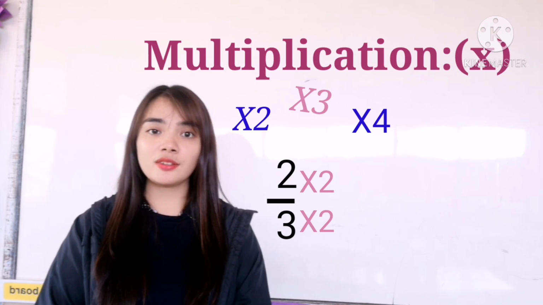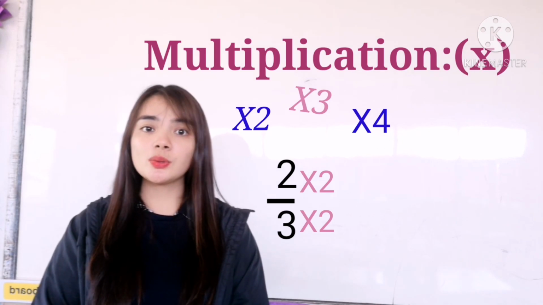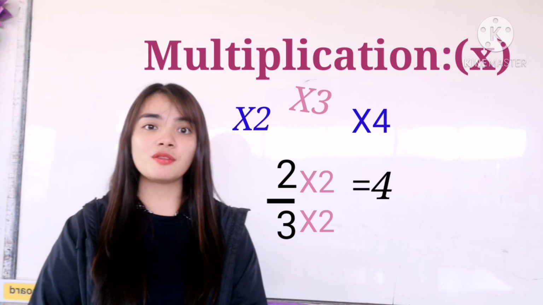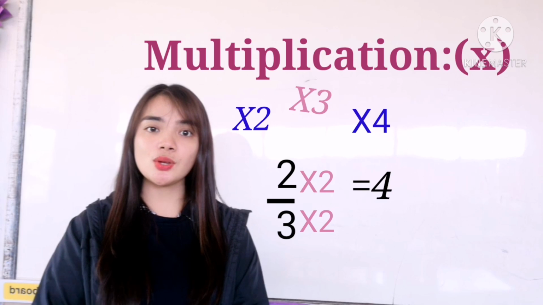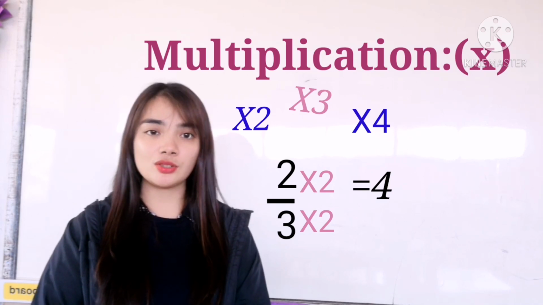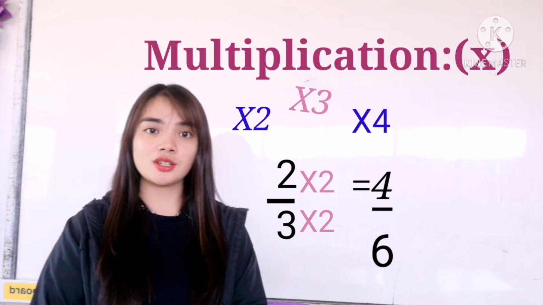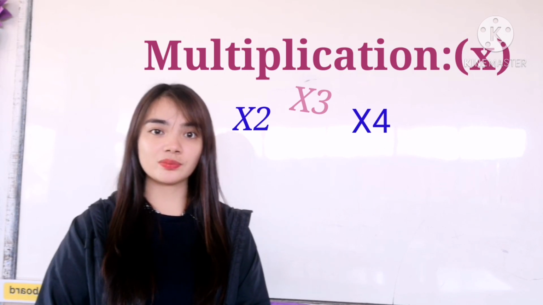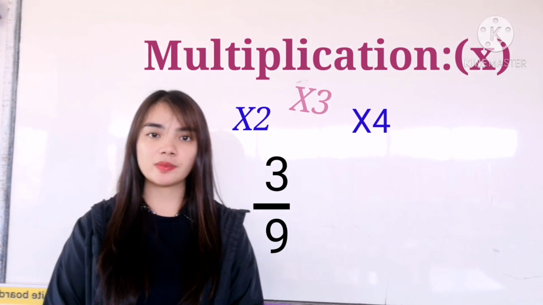So we have 3 times 2. So 2 times 2 is equivalent to 4. Then 3 times 2 is equivalent to 6. So what is the equivalent fraction of 2/3? It is 4/6.